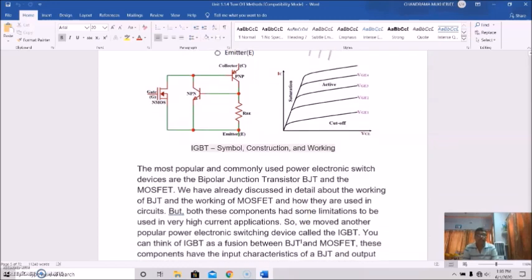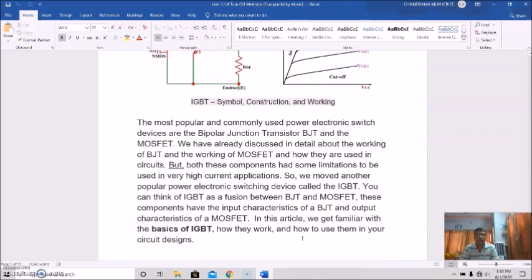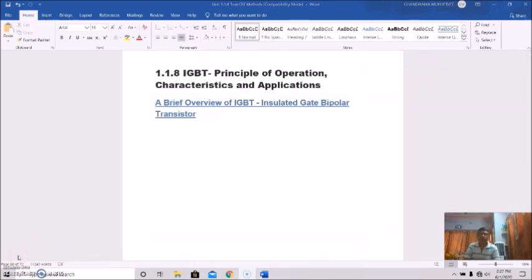We have already studied the BJT and the MOSFET, their working, and how they are used in circuits in our earlier semesters. Now we'll discuss the IGBT, its principle of operation, characteristics, and applications.